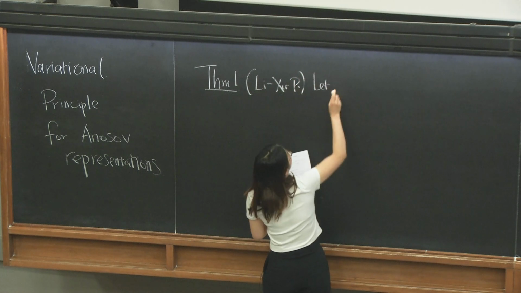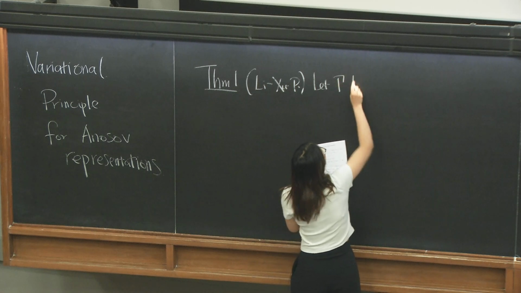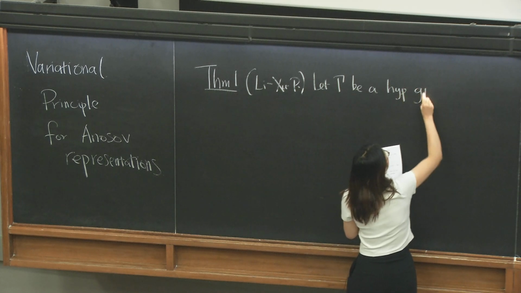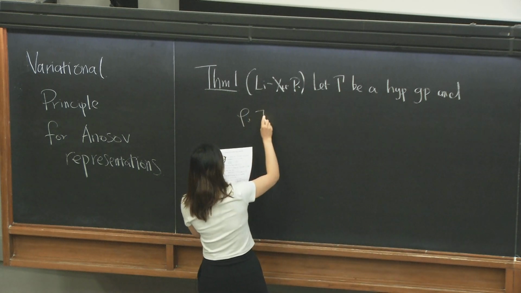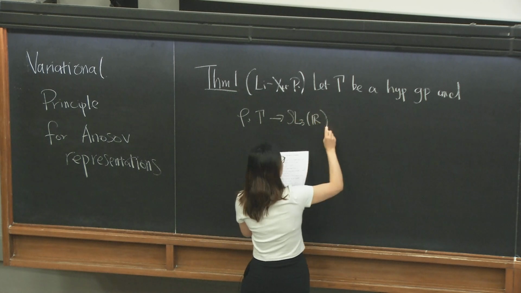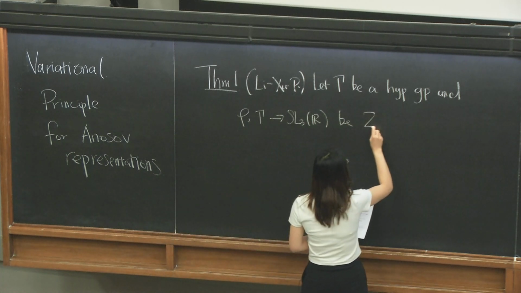Again, I take an Anosov representation. I require that this representation is Zariski dense.